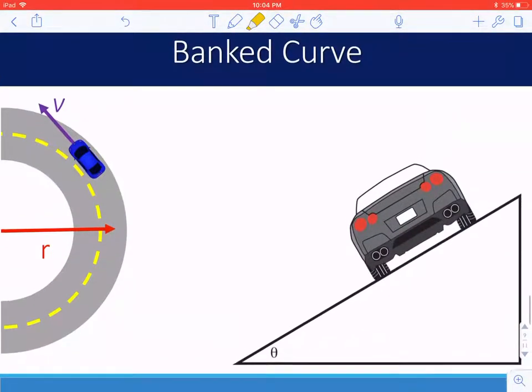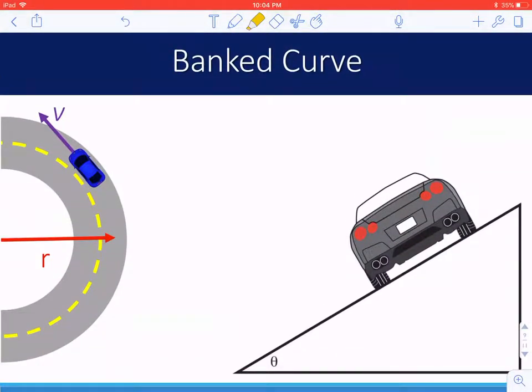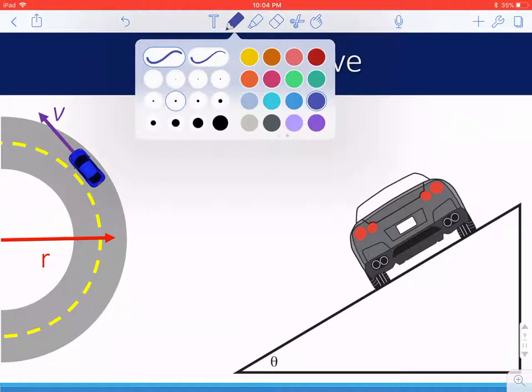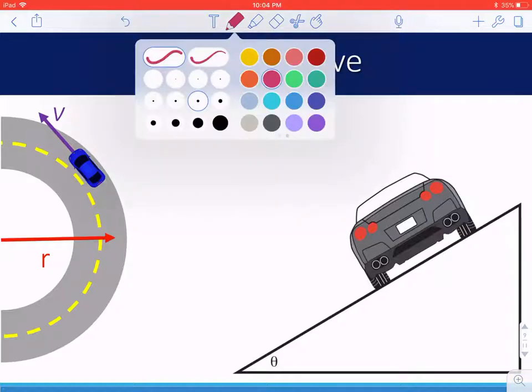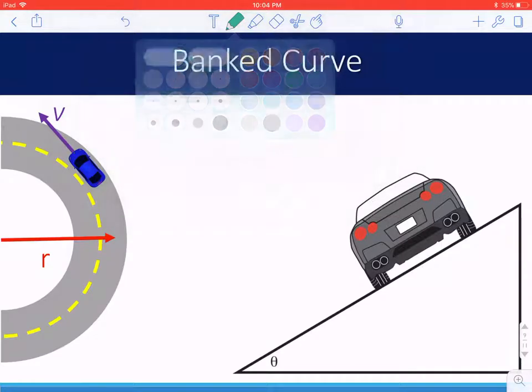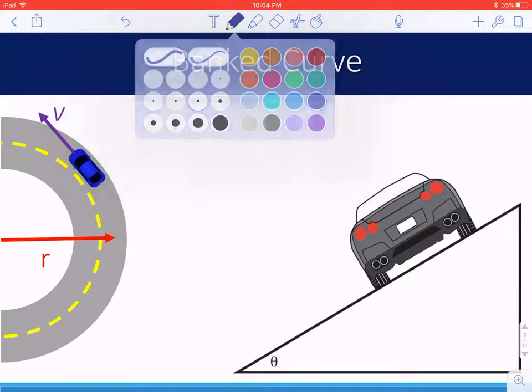One way that we can get around that is by banking these curves. IB does not expect you to be able to solve one of these mathematically, so we're not going to use numbers here, but it does say you should understand the idea of an angled curve in a qualitative fashion. So with an angled curve, the biggest difference is that there is going to be something else besides friction keeping you on this road.